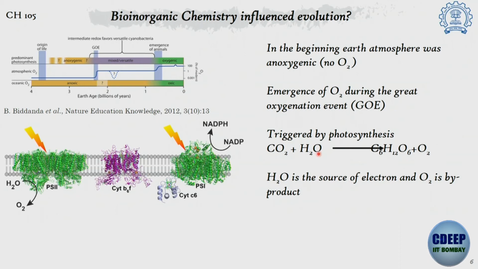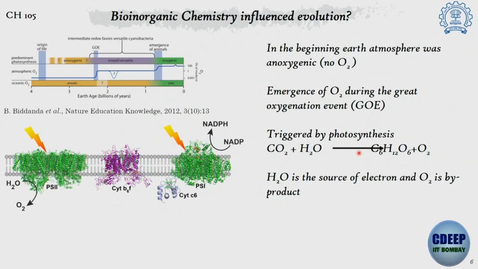Water was the source of electrons for the reduction of carbon dioxide to glucose. As you know, in a redox reaction, if something is getting reduced, someone has to get oxidized, and that oxidation happens to water and it produces oxygen. And oxygen ends up in the atmosphere as a side product of photosynthesis.